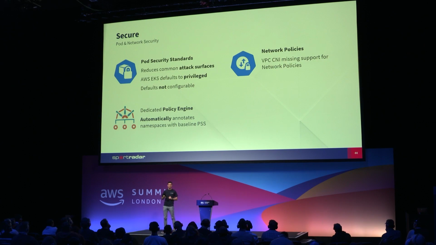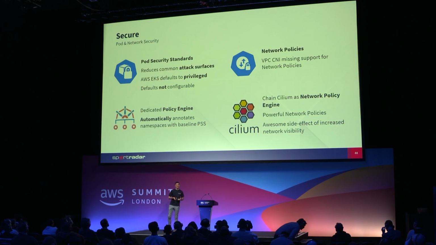But again, it sounded like a blocker for us, but we thought about it and it just hit us. We already have the experience and we already have the solution at our fingertips. So we decided to continue using Cilium, but we chained it as a secondary CNI and use it only as a network policy engine. And Cilium will provide you with great functionality and powerful network policies.